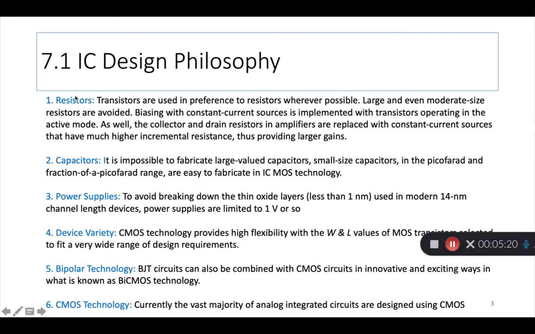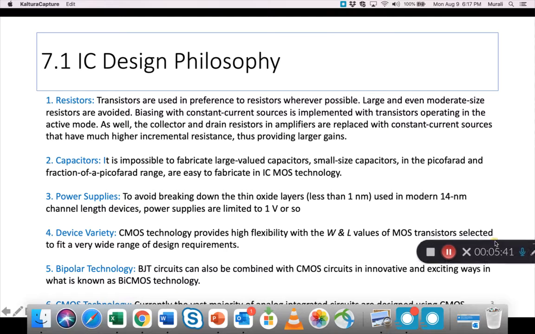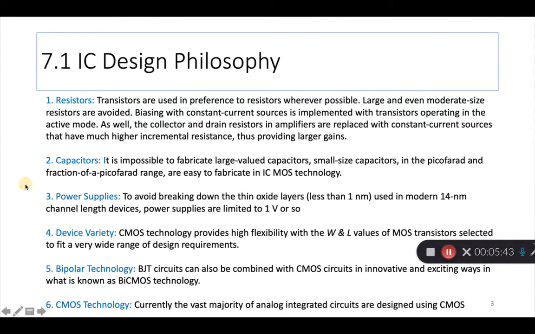There are differences in how resistors appear, capacitors, power supplies, the magnitude of the power supply, how high the voltage should be, the variety of devices, bipolar technologies, and then CMOS. Each of these items is different between the discrete and IC versions.